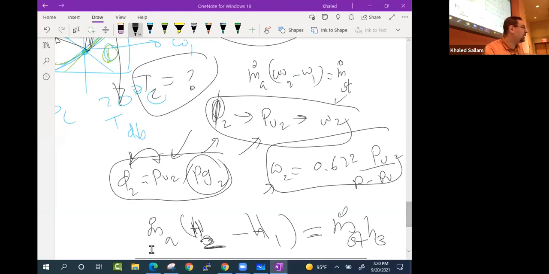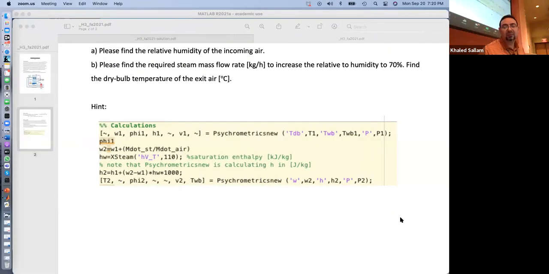If you divide over m dot air, m dot air cancels, and this becomes W and W. M dot steam over m dot air is W2 minus W1. So that is the first law, and from this you get H2.